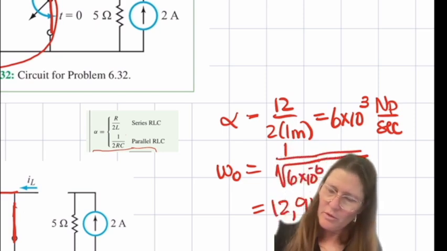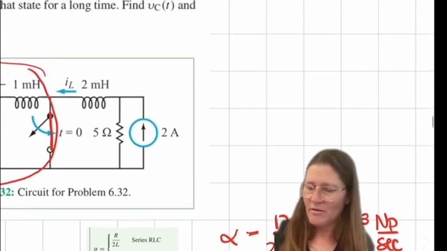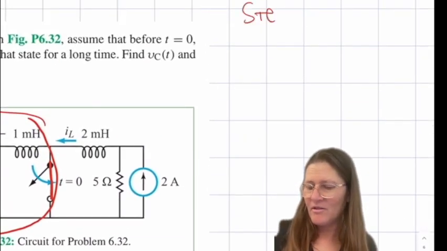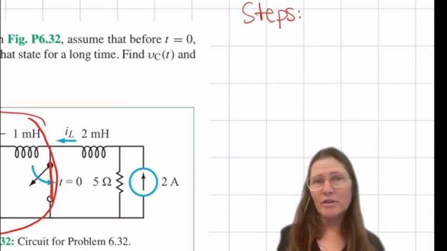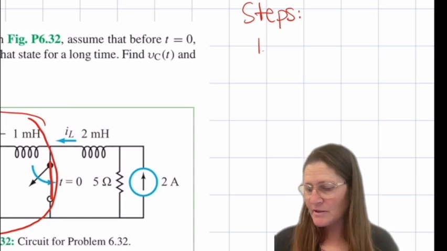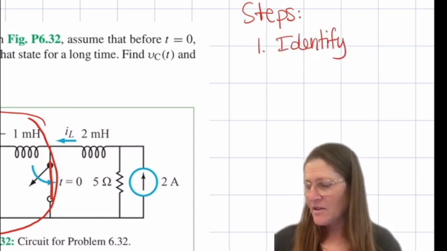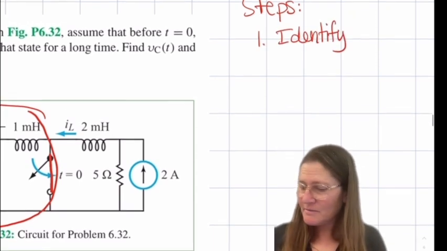So if you're going to use the table, the first step is identifying parallel or series.